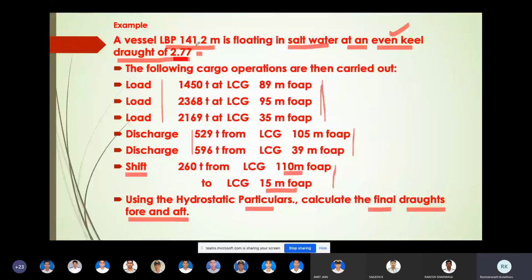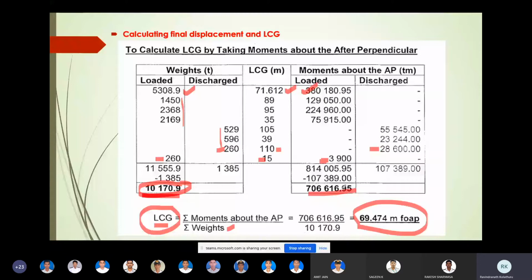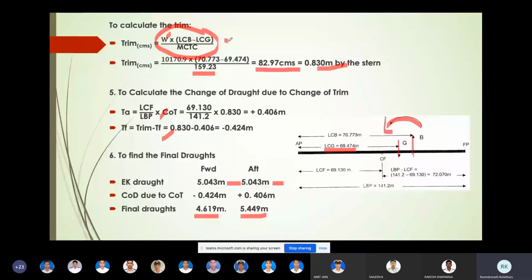Then once I got my initial data, some operations have been carried out. So I will use the moments table and find out my final displacement and final LCG. Now once I got this, I need to apply it in the trim formula, which is this formula. To apply it in the trim formula, I don't have all the data.